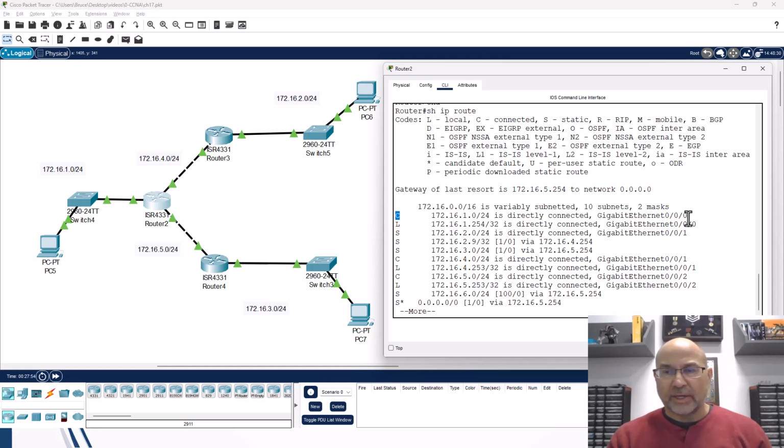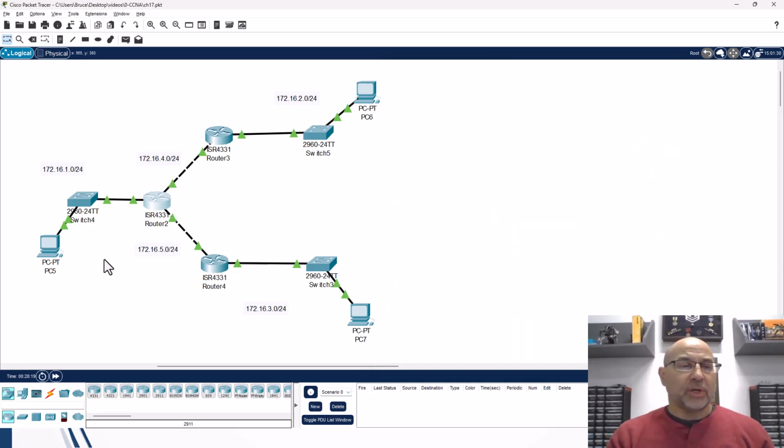I'm directly connected right there. I'm directly connected to the 4 network right here, and I'm directly connected to the 5 net. But if we take a look here, the claim is that the 2 net is directly connected, but it's a static route. Okay, so this is where the mystery comes in.